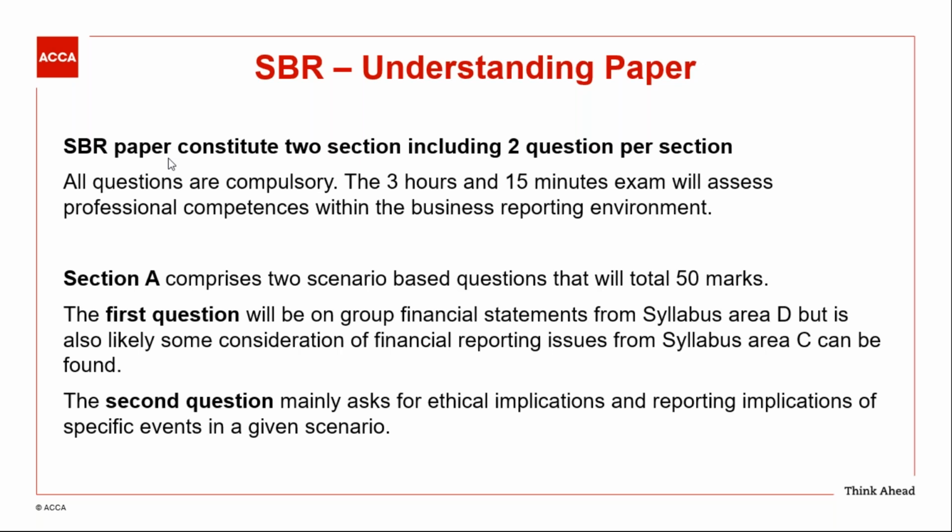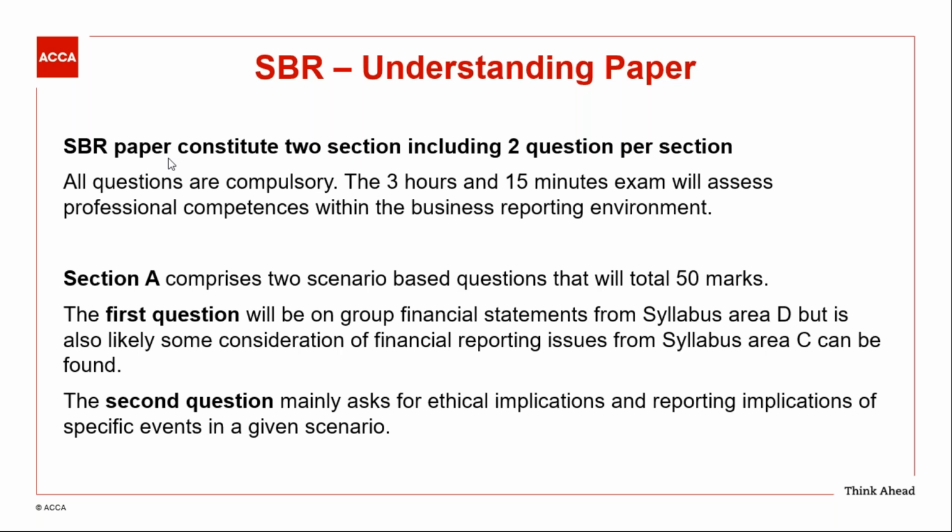It could be possible that within a single scenario, the examiner might ask you to provide extracts of consolidated financial statements, one extract for the consolidated balance sheet, another extract for the consolidated income statement, and there could be a section that asks you to provide some extracts of consolidated cash flows. So you need to be very careful when you are preparing yourself that you're not going to miss a single section of your paper. You need to be prepared very thoroughly for this paper to reach the pass criteria.